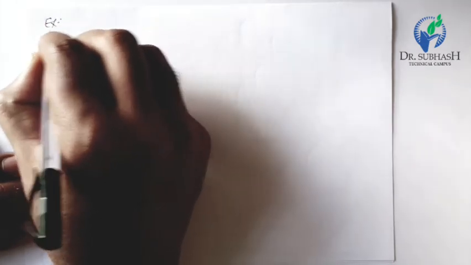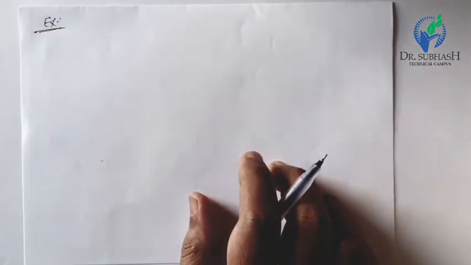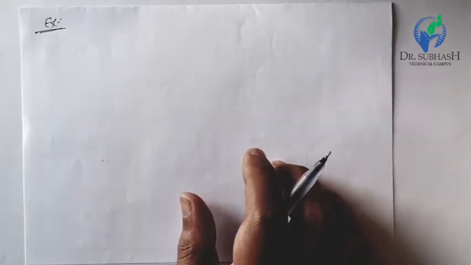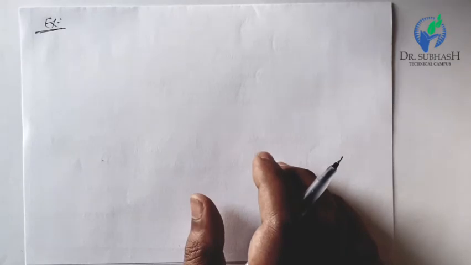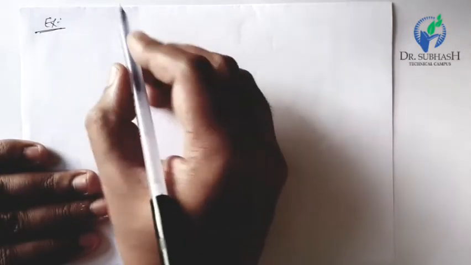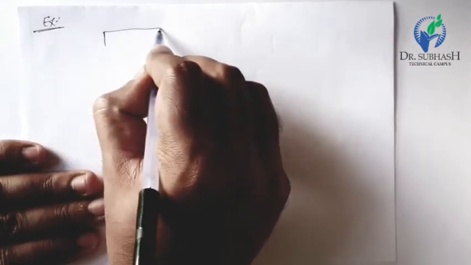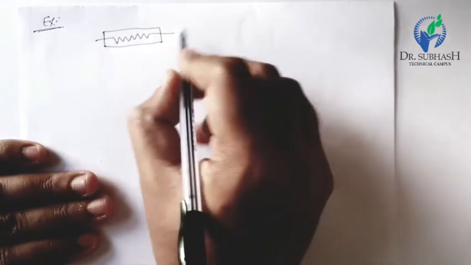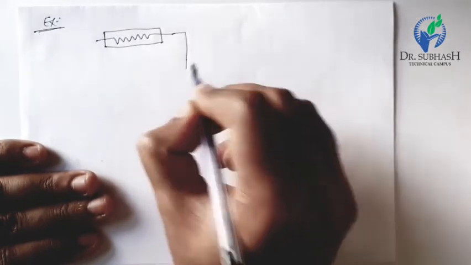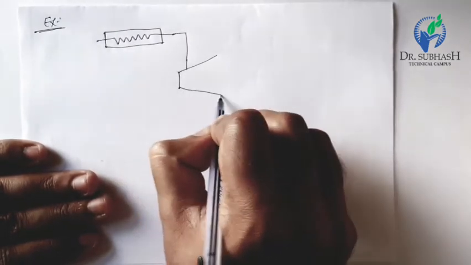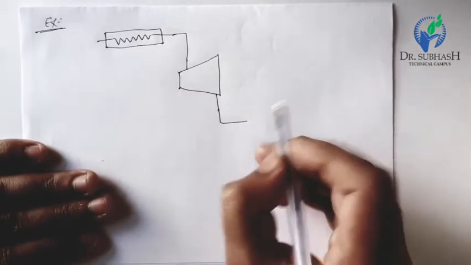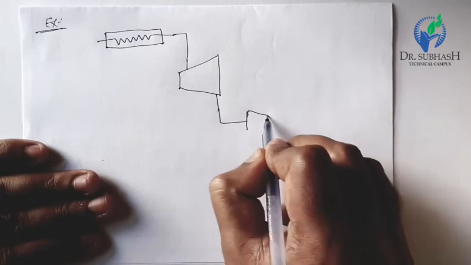After that, the outlet of the heat exchanger is directly supplied to the turbine, and the outlet of the turbine is directly supplied to the nozzle, a converging divergent type of nozzle, and the outlet of this is not given as per the given data. So this is the system, or the components we have to consider during our problem.